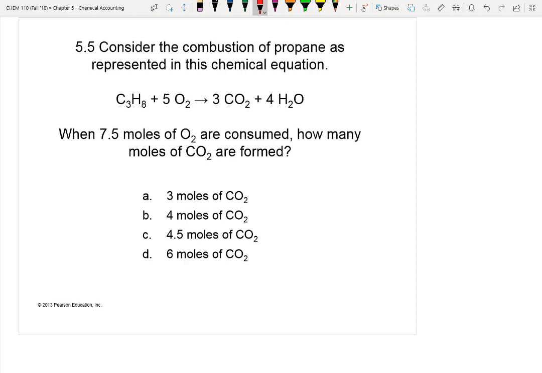I will give you a hint while you're going through this. The coefficients matter a lot for this problem. So those numbers that come before tell you the ratio of reagents and products for this reaction.